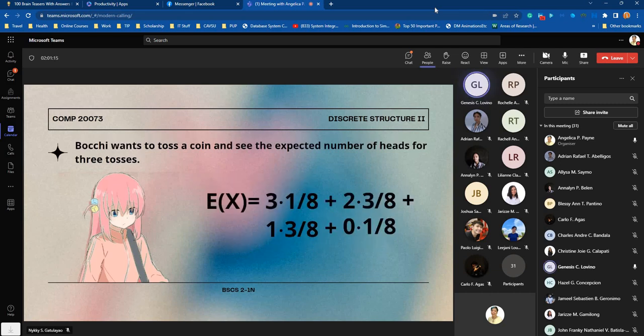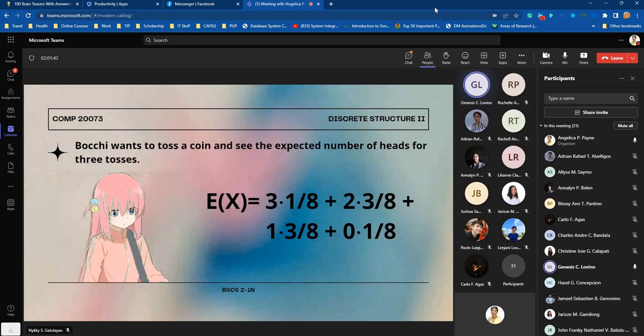Ayan. So ang ating makikitang formula dyan would be like this. The summation pa rin yan, parehas lang. So yung product natin would be 3 times 1 over 8, 2 times 3 over 8, 1 times 3 over 8, and 0 times 1 over 8. So roughly that would be 3 eighths plus 6 eighths plus 3 eighths plus 0.